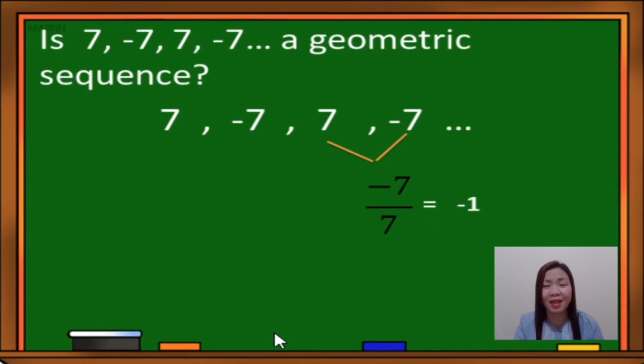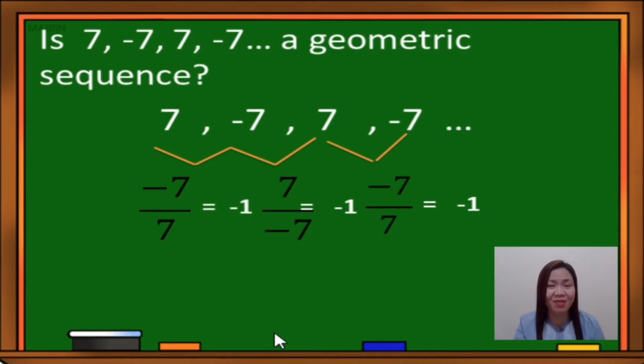The quotient is negative 1. Another, 7 divided by negative 7, and the quotient is again negative 1. Another, negative 7 divided by 7, and again the quotient is negative 1.